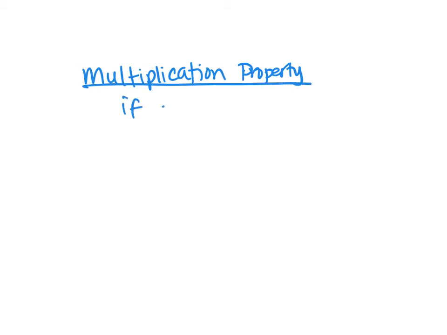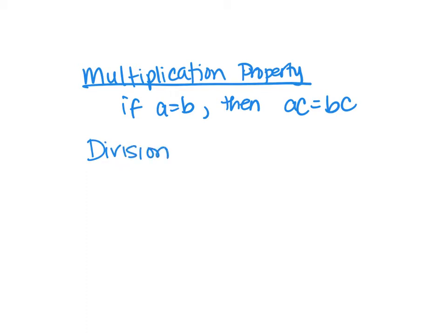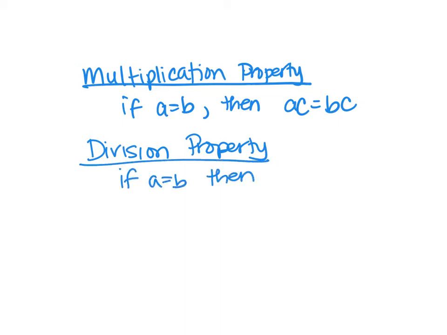If A equals B, then AC equals BC. Division property. If A equals B, then A divided by C will equal B divided by C.